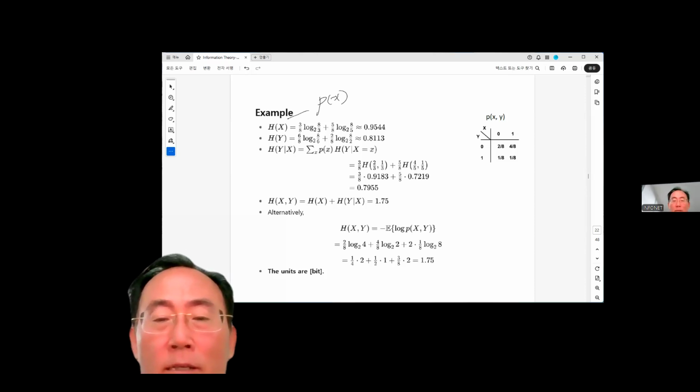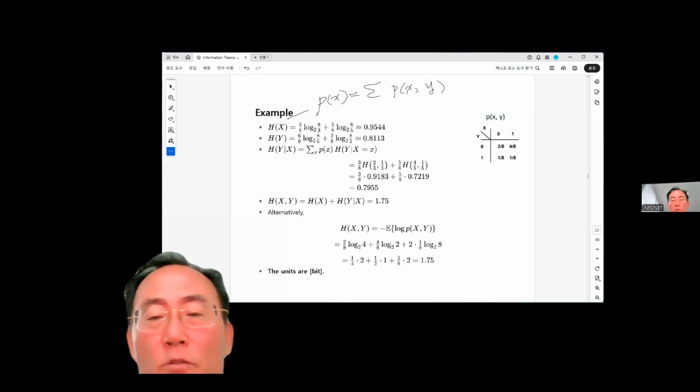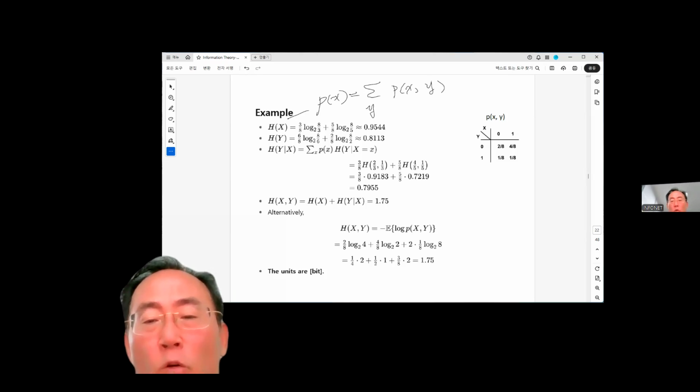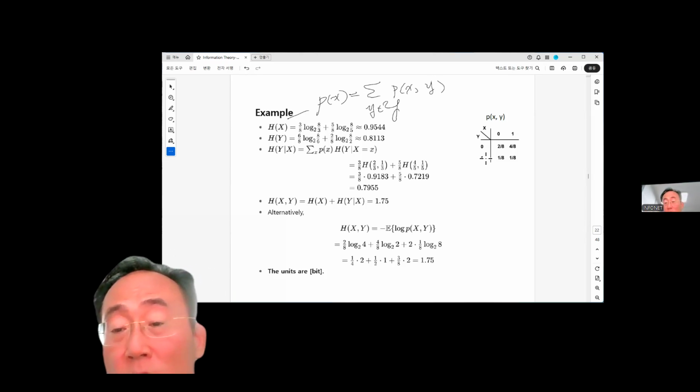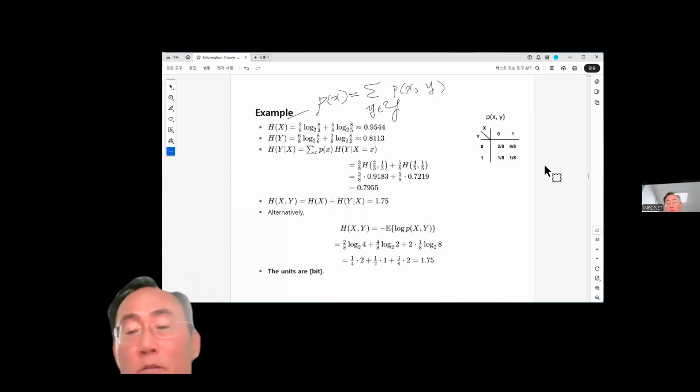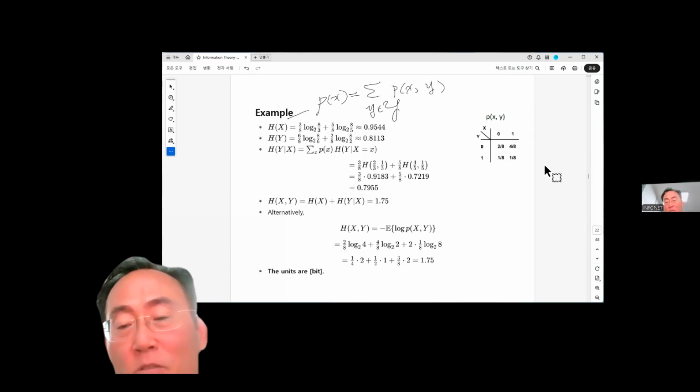But P(X) can be obtained from the joint distribution. What do you need to do? Sum them all up for all y. In this case, this is the binary case, so there are only two cases.